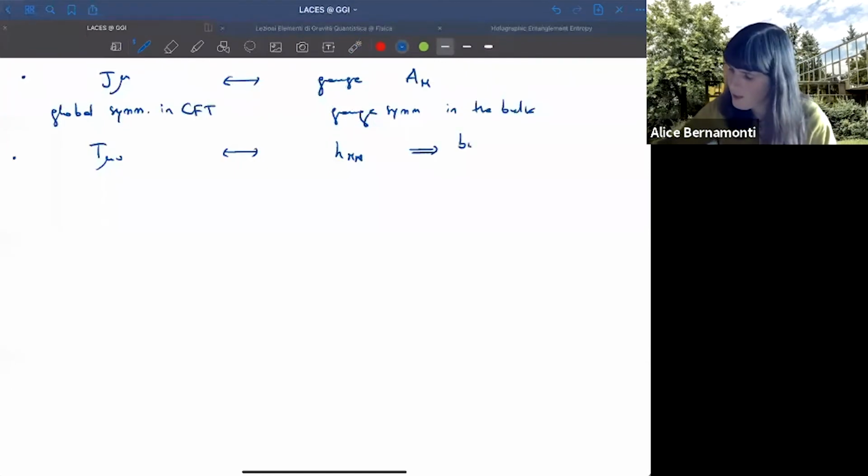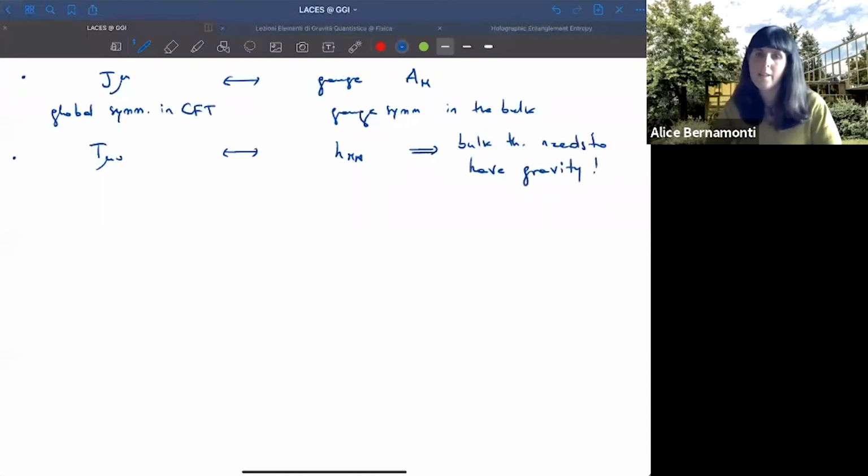So the bulk theory needs to have gravity, since any conformal field theory has an energy momentum tensor.